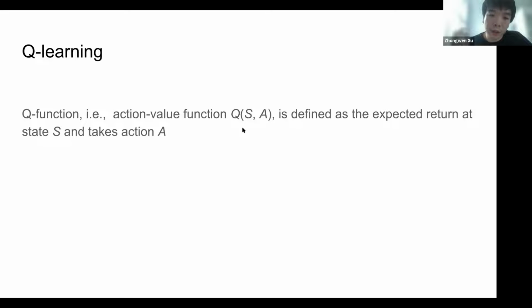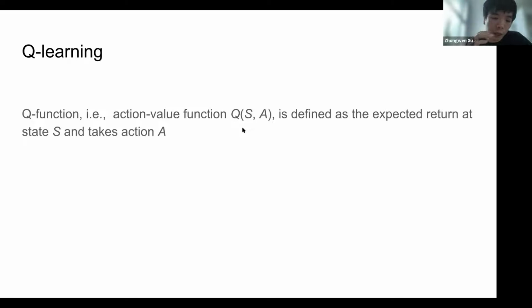It only tells you, in the current state s_t, if the agent is following the policy pi, what kind of future cumulative reward it can attain. That's the definition of the value function.